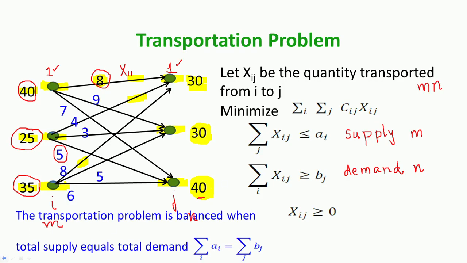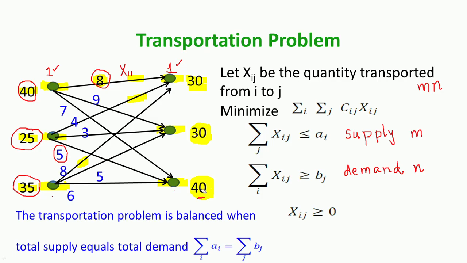Now the next important thing that we need to look at is that a transportation problem is balanced when total supply equals total demand. So what do we convey through this? There is a demand of 30, 30 and 40, so 100 units of demand. We are going to assume that we have enough quantities in the supply points to meet this demand of 100.